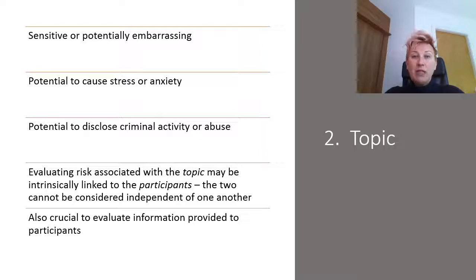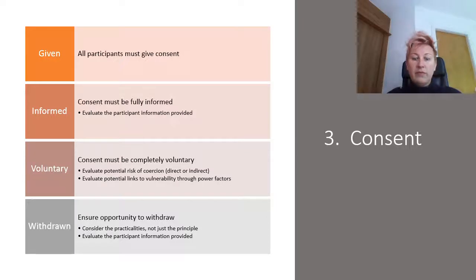And that might mean that some people will be put off and will choose not to participate. But it is important, in order to minimize the risk to participants, that we are completely honest and give a holistic and clear picture of exactly what the topic will be, and don't leave anything out, mislead, or give a partial picture of the topic.